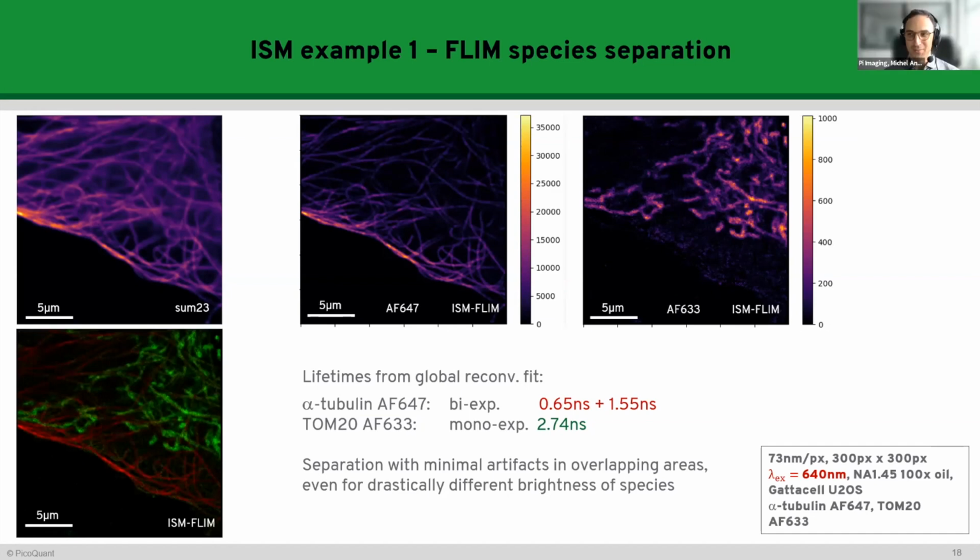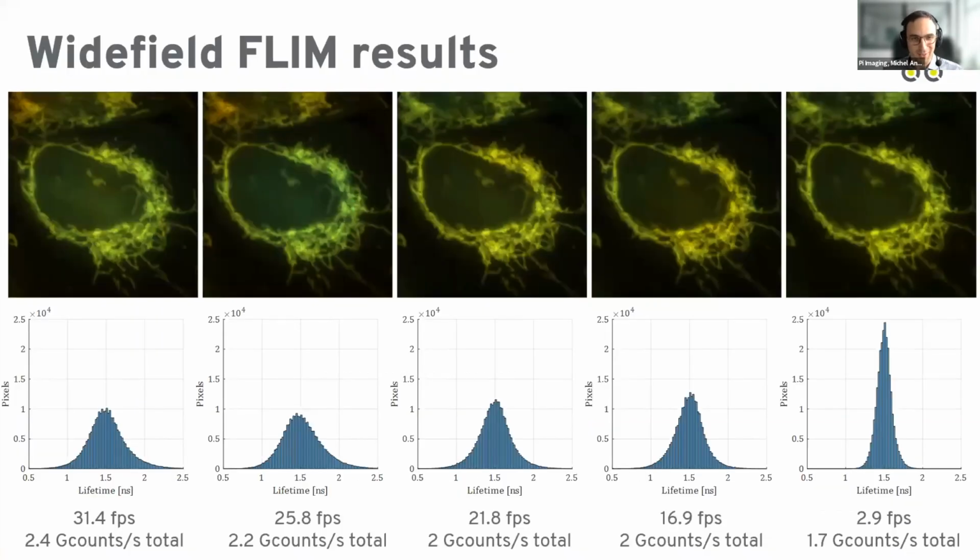Thank you very much, Johan. Great presentation and results. And I would like to just, before finishing with the presentation, have a short peek into the widefield FLIM results. On the top, you can see the FLIM results, so intensity overlaid with lifetime information decoded in color.